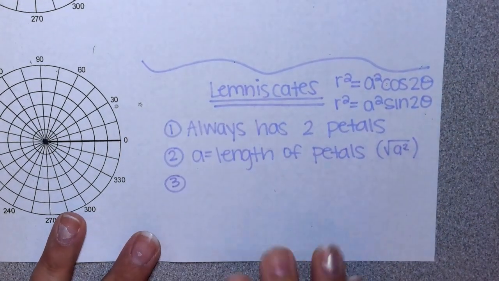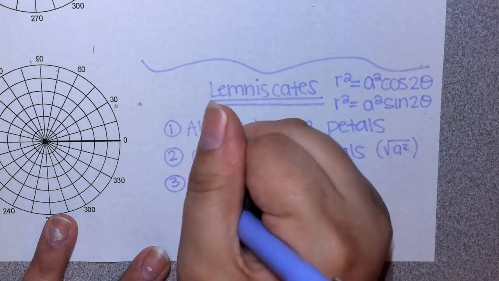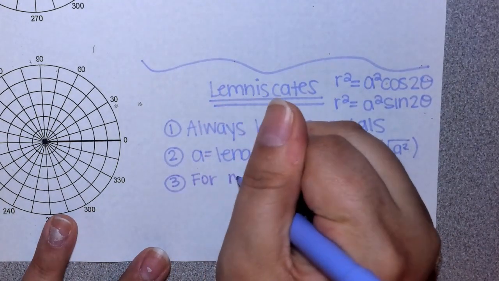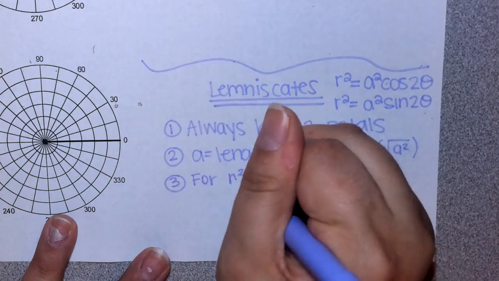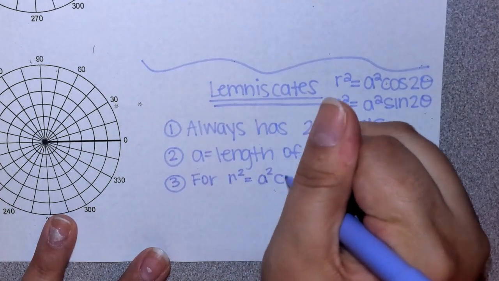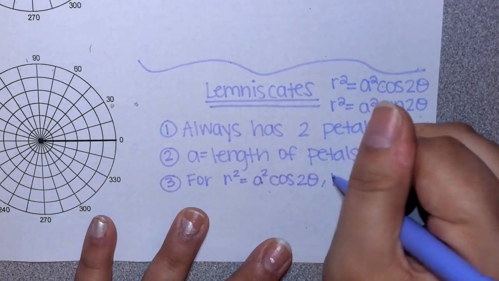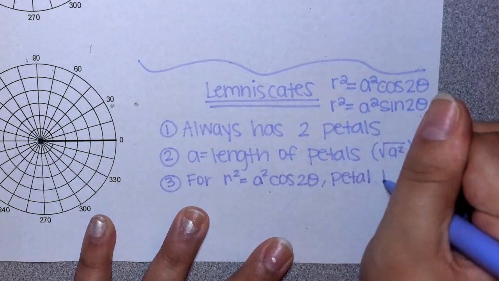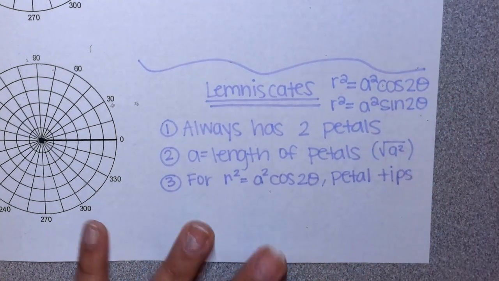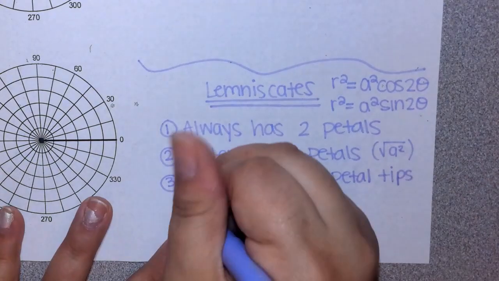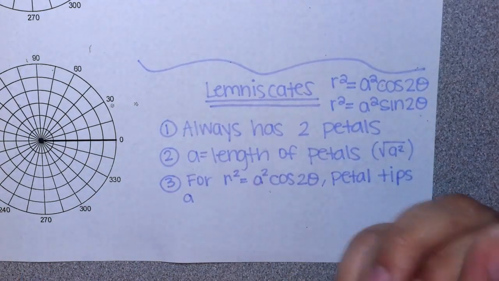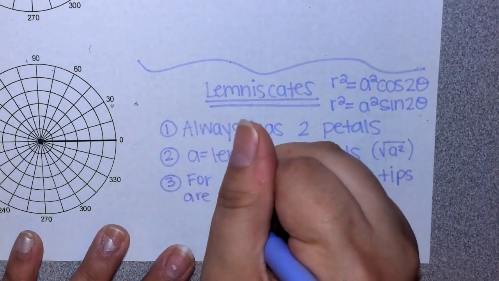There were 2 different types. For r squared equals a squared cosine of 2 theta, petal tips are located where?